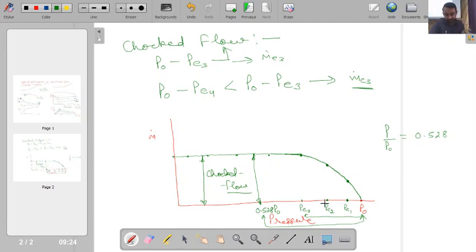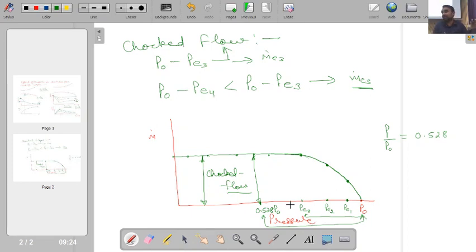Now let's see what will happen in the downstream. Till now I said that in the inlet portion, up to the throat, the flow situation will remain the same even if you keep on decreasing the pressure. But what will happen after the throat?